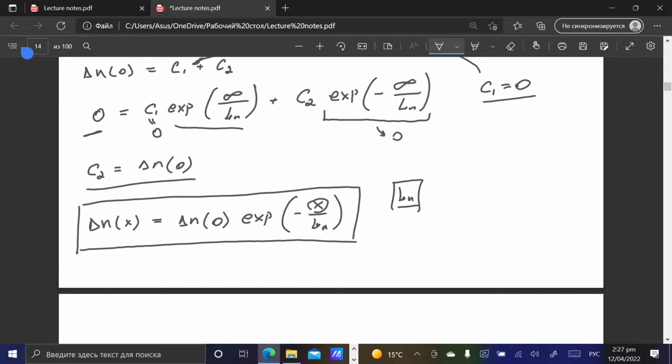So the concentration of excess minority charge carriers at distance Ln from the boundary between the illuminated and dark parts of the semiconductor will be delta n naught divided by Euler's number E. That is the distance along which the concentration of minority charge carriers reduces by a factor of E.